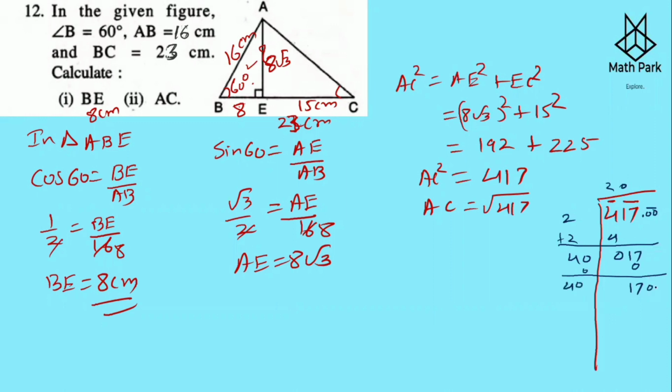Now 4 4s are 16. So let us see, 404 multiplied by 4, 4 4s are 16 and again 4 4s are 16. You get 1616 and add 4 here.